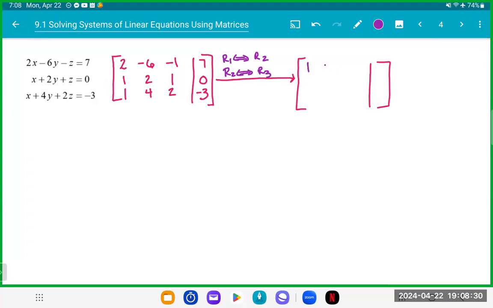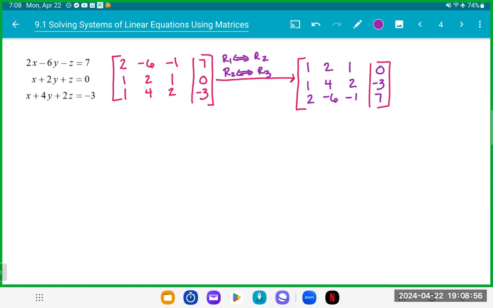So 1, 2, 1, 0. And row 3 goes up into the second row. So that's 1, 4, 2, -3. And then we put the first row down at the bottom, 2, -6, -1, 7.